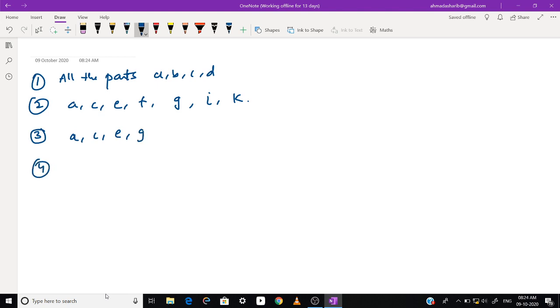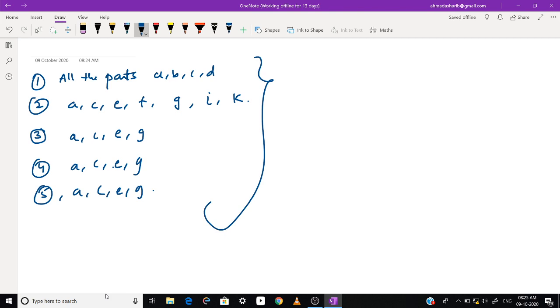And question 4, you have to do again A, C, E, G, and in question 5, again you have to do A, C, E, G. So do these questions and send me your homework on the group. Thank you everyone.